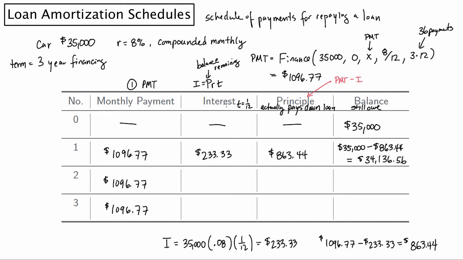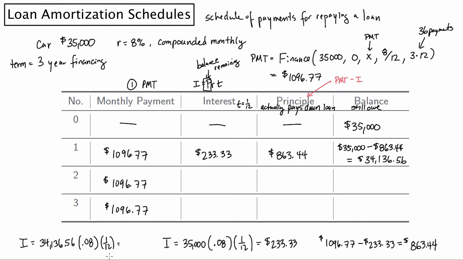When I go to calculate the interest, remember the principal is always the balance remaining. So the balance remaining for the first interest payment was $35,000, but now I owe less money. So when I go to calculate this interest payment, it's going to be the principal of $34,136.56 times the rate and times the time, which gives $227.58.